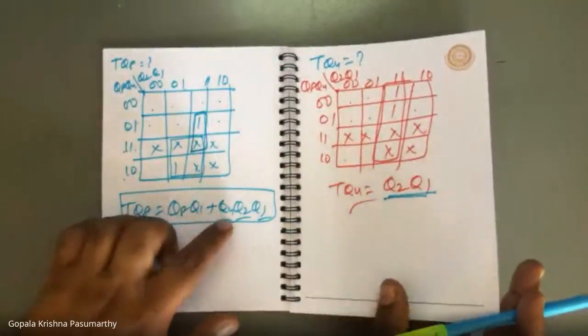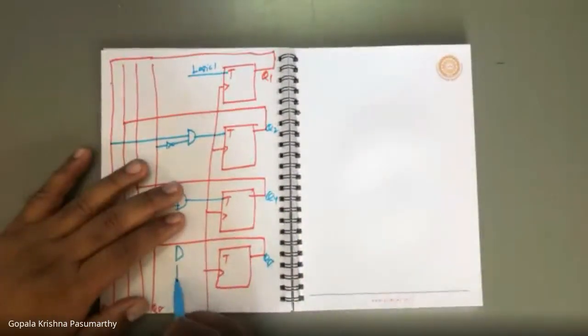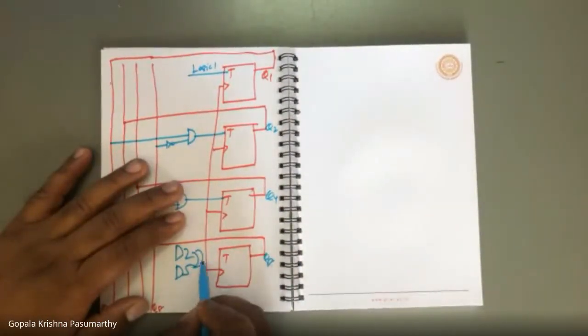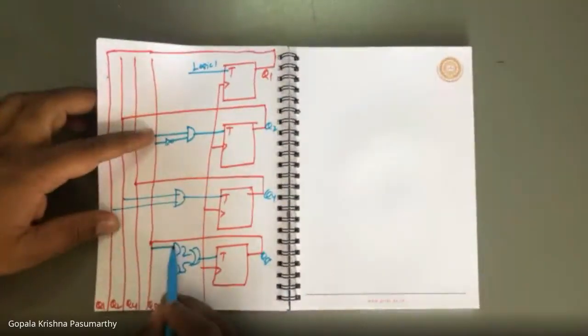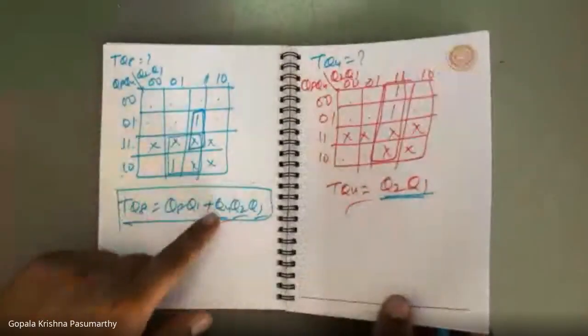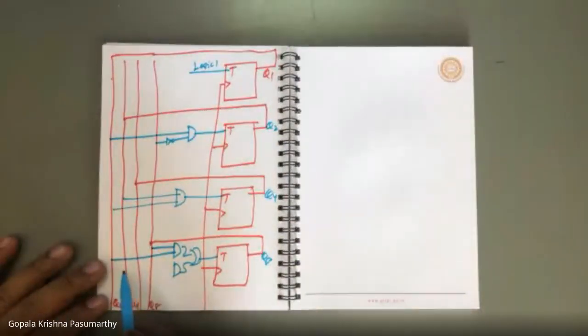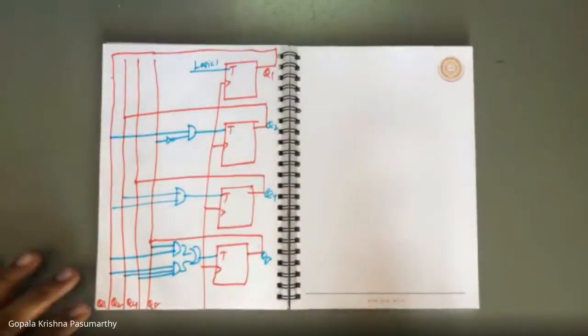What is TQ8? Q8 Q1 plus Q4 Q2 Q1, so take two AND gates and put them into an OR gate. The first term is Q8 Q1, one line from Q8 and one from Q1. Next is Q4 Q2 Q1.